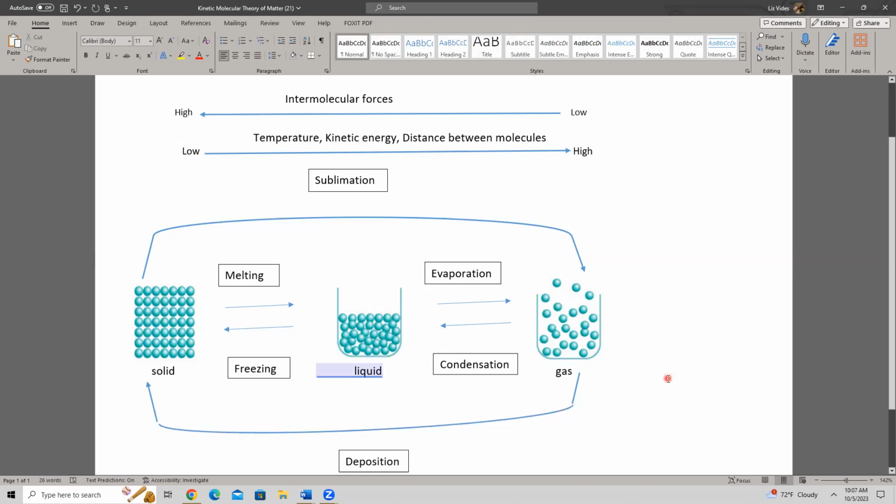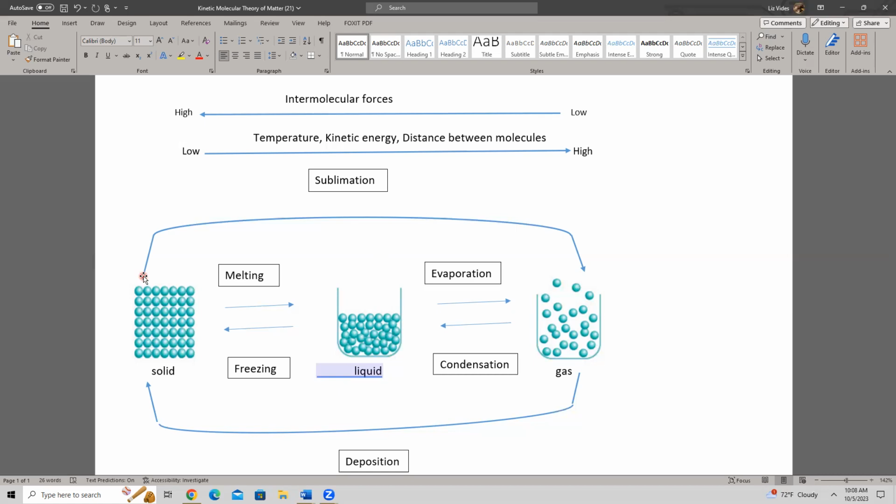There we go. So you can become a liquid, and then they increase even more as you become a solid. So that's the whole kinetic molecular theory. So basically, as you're going from left to right in this diagram, you are absorbing energy into the system.